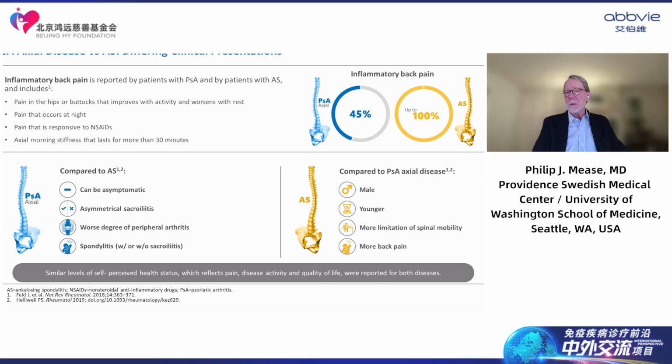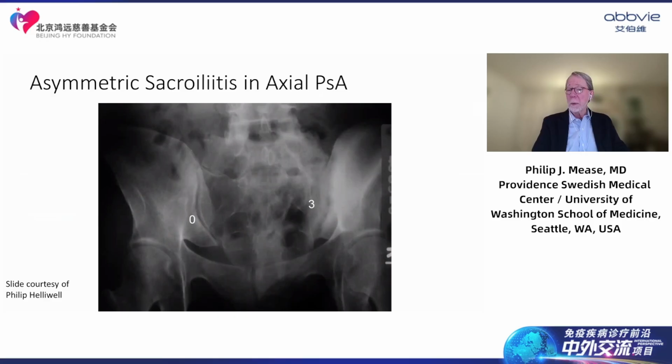Only about half the patients with axial PsA will endorse that. Other features include asymmetry of the sacroiliac joint involvement. Sometimes the patient may not have symptoms at all. They tend to have more peripheral arthritis and enthesitis. Here's an example of asymmetric sacroiliitis.